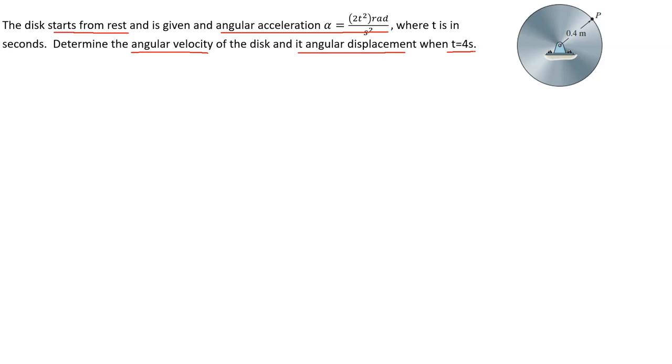So there are a few things that we know that are going to tell us a bit about the problem, helping us to go into a particular direction. So we've been given the angular acceleration as a function, 2t squared radians per second squared. We've got a radius of 0.4 meters and a window of time of 4 seconds. And we're just looking for the angular velocity and the angular displacement.